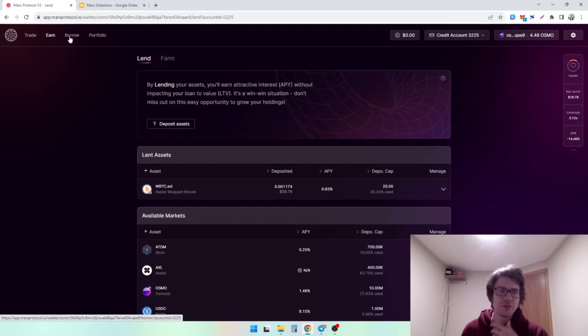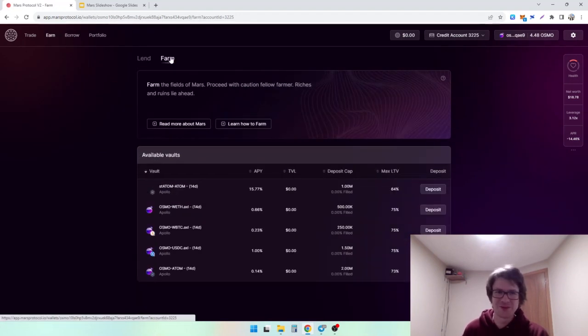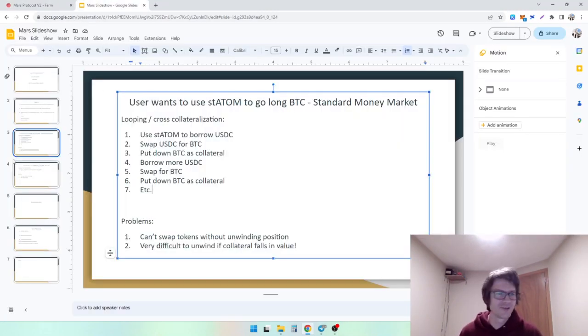And another thing I mentioned earlier, you can go to the farm page and provide it as liquidity. You can even stake. If you have unstaked collateral that you're using, you can swap that to Stride liquid staked collateral, effectively staking it while it is simultaneously collateralizing a debt position. So really exciting, really fun.